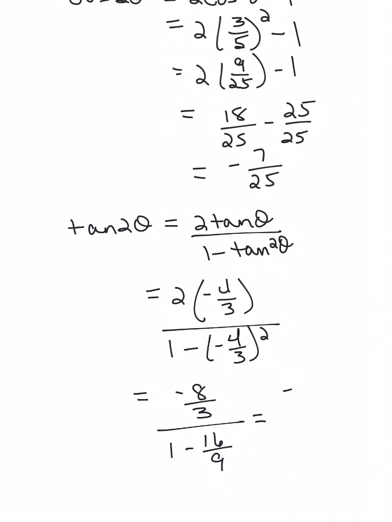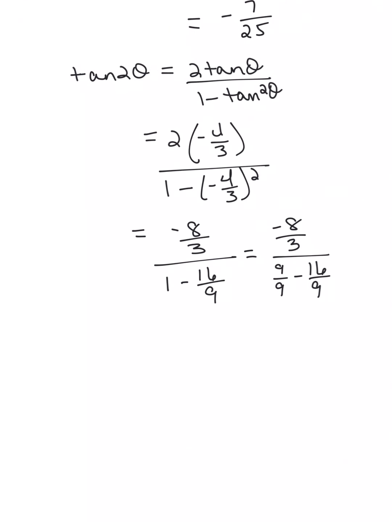So we're going to think of that as being -8/3 over 9/9 minus 16/9. So we are now going to have -8/3 over -7/9.